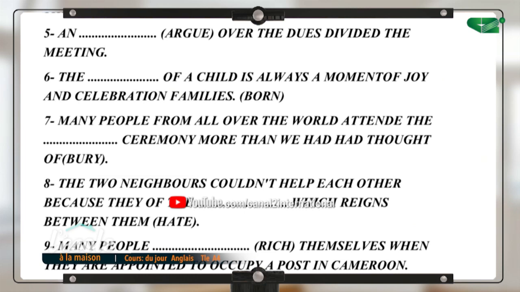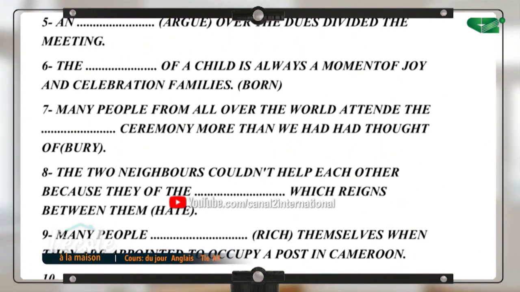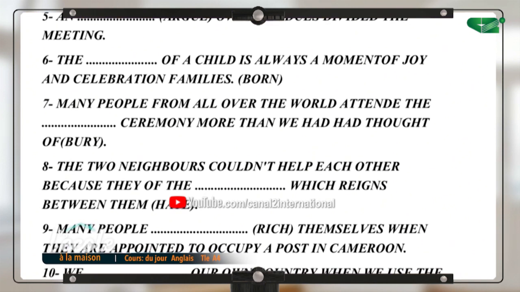Number 7. Many people from all over the world attend the (bury) ceremony more than we had thought of. Pay attention to the last letter ending the word bury because it is Y. And you know Y is a semi-vowel, semi-consonant. At that time, what do you do? It is up to you.